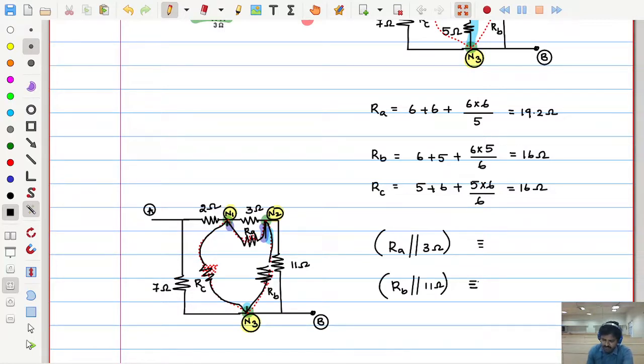How much is its equivalent? So what I will do here, so simple, 3 inverse plus 19.2 inverse, whole inverse. That is, 1 by 3 plus 1 by 19.2 is equal to 1 by R equivalent, the parallel formula.